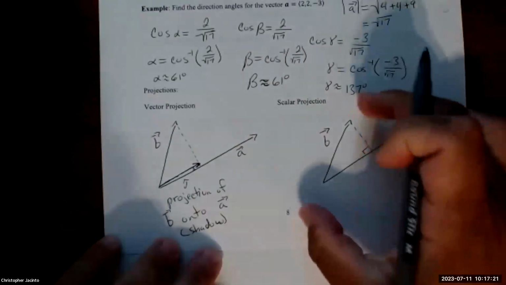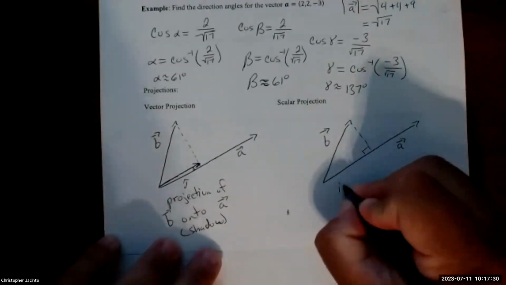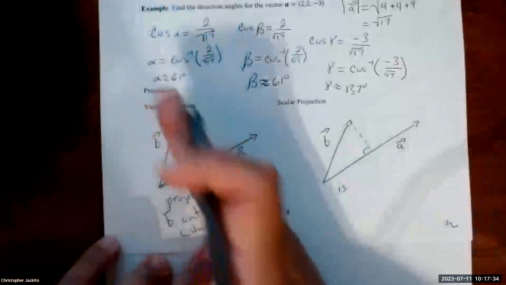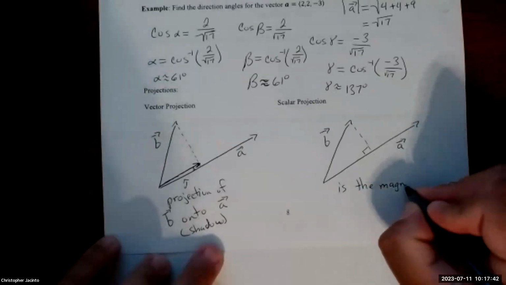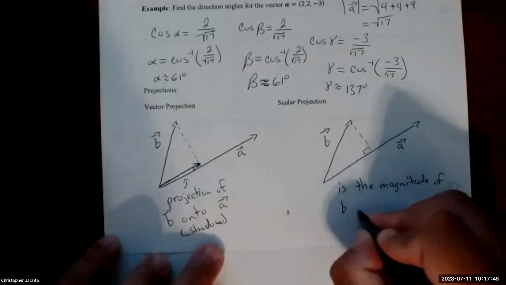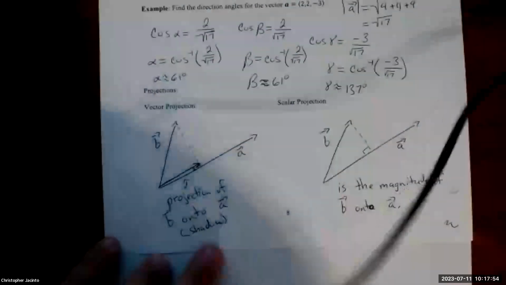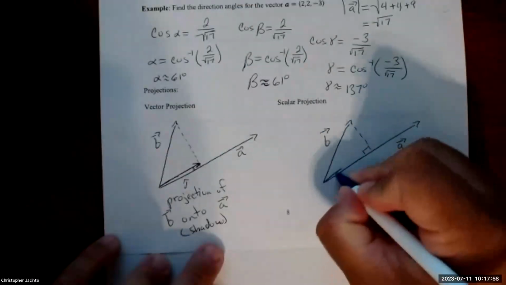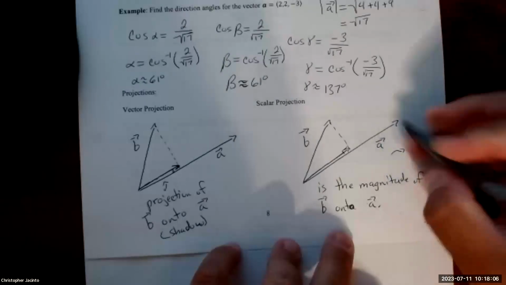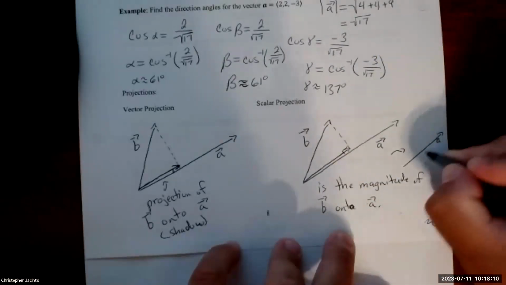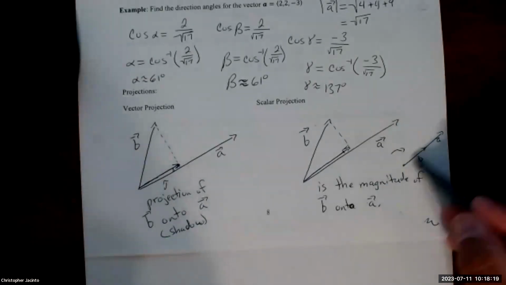A scalar projection is if I take this vector and literally put it right on top of A. Instead of a shadow, or just a projection of it, literally just looking at what the shadow would look like, this is the magnitude or length of B onto A. If I put them right on top of each other, with A being the big one and B being here, that's literally what's happening with a scalar projection. They lay flat against each other, and this length here is that.